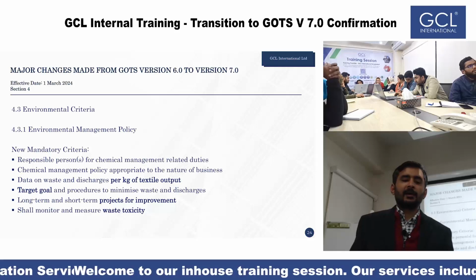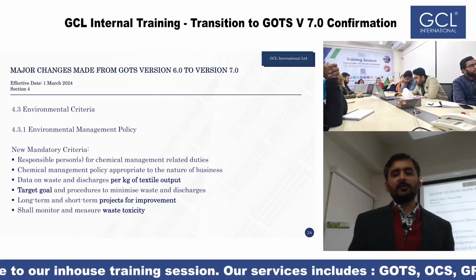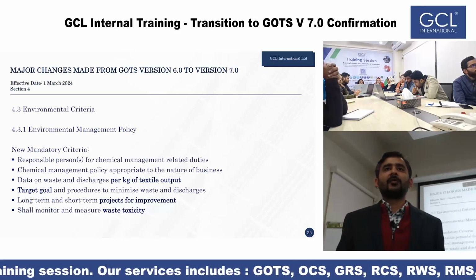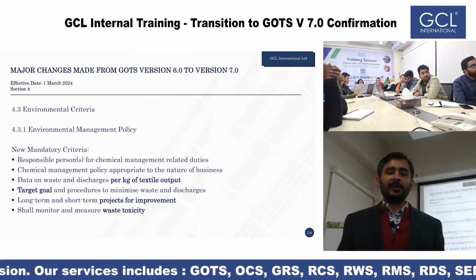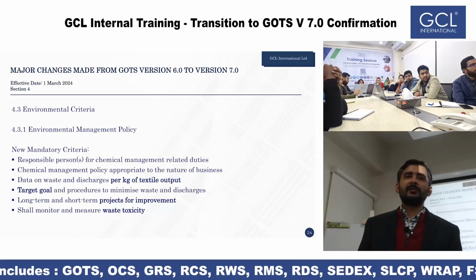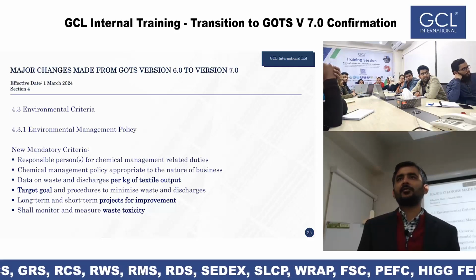Okay. So, another change that is made is that in GOTS version 6.0, the requirement was that the company shall have a target goal for energy and water consumption, as well as they shall keep the data for waste and discharge. So, in the previous version, the only mandatory requirement was that the certified entity shall keep the data for waste and discharge.